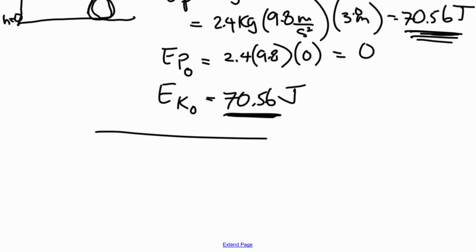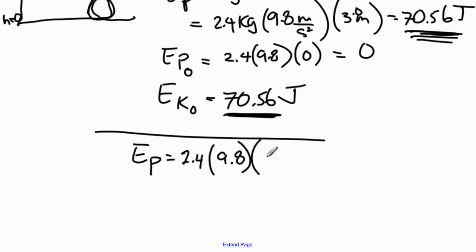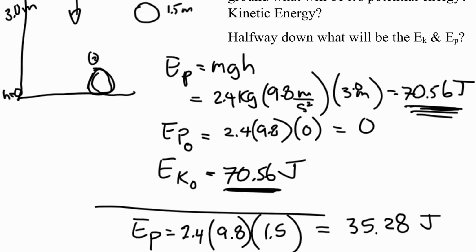So for that third question, my potential energy is equal to the mass, 2.4 still, times gravity, 9.8 still, times 1.5, because that's half of the height. If you multiply that, it should give you 35.28. I haven't worried too much about sig figs here, but 35.28 will be the amount of potential energy halfway down. Now, it should be exactly the same for kinetic energy because it's halfway down.